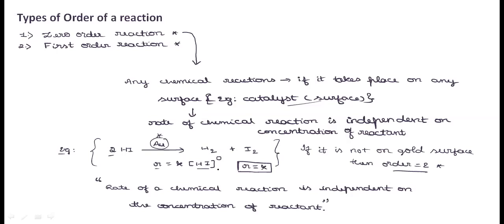If gold surface is mentioned, the power term will become 0, because the concentration of reactant is irrelevant in such cases. Hence, order will be 0 in this case only. Such chemical reactions, where the rate is independent of the concentration of reactant, are called zero order reactions.